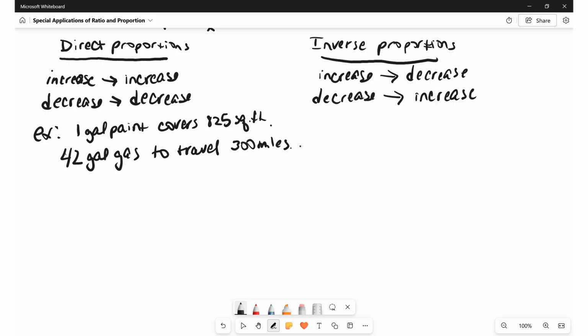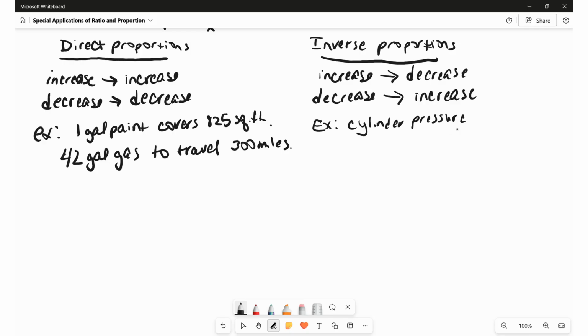But what about inverse proportions? Well, there are some inverse proportions where we're talking about, say, pressures. As one pressure increases, another decreases. Let me write this over here. We can talk about cylinder pressure. Okay.